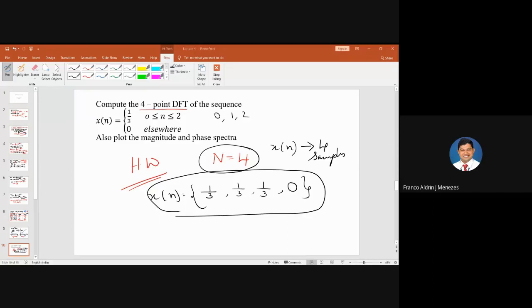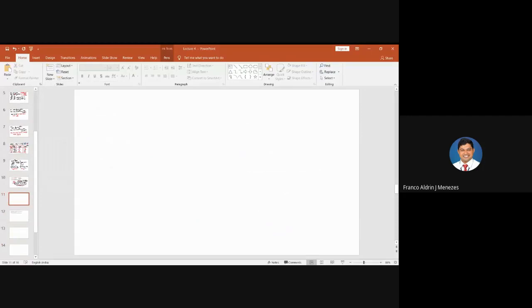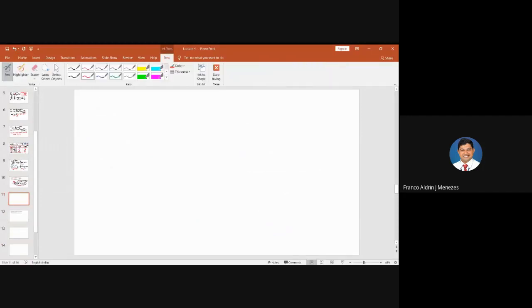Once you get the sequence in this particular format, the remaining process remains the same as whatever we have done for the first problem. I will just write the steps. Once we get the sequence, we write the definition of the DFT.